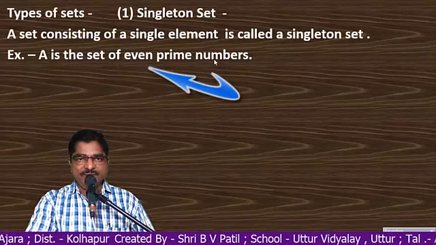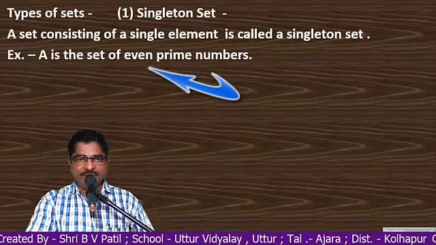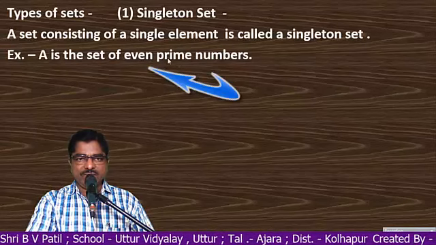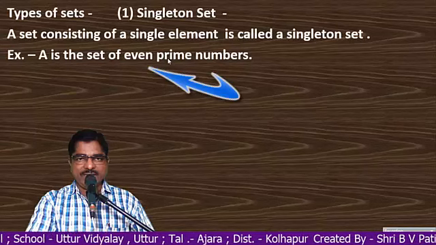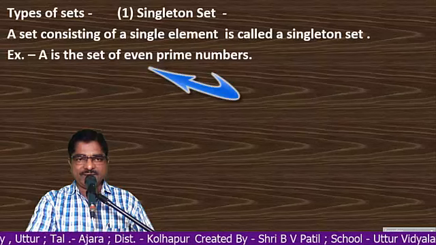Prime numbers means मूल संख्या, means there is no other factor except one and itself.